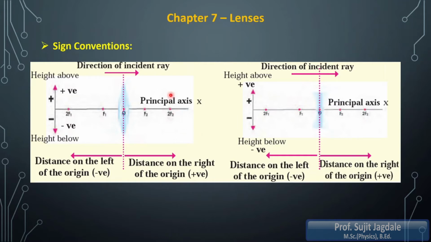Here, in both cases, concave or convex lens, you can see the direction of the incident ray, which is shown exactly at the upside of the concave lens as well as the convex lens. So the direction of the incident ray is always shown from left to the right, whether it is a convex lens or a concave lens. So the first sign convention is satisfied.